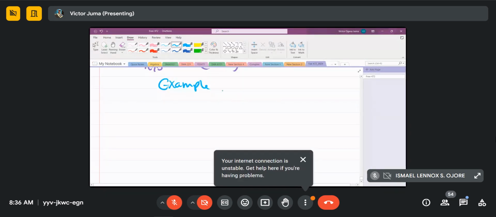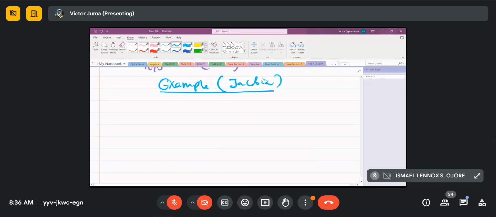So for example, let me put here the Jacobian, meaning I'm looking at the same example we worked with Jacobian. We will not finish it; we will just do only one or two steps of this method and then I stop. But this Gauss-Seidel method converges almost twice as fast as the Jacobian method.